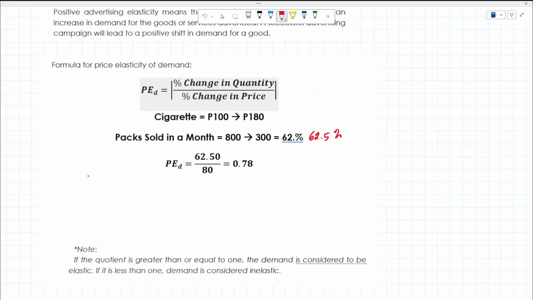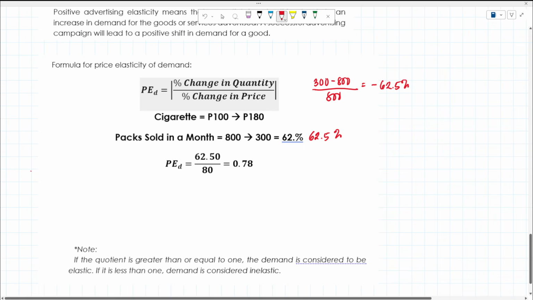To get the percent change, let's focus first on the quantity. The quantity purchased is now 300 minus 800 over the original quantity, which is 800. So there will be a negative 62.5% change in the number of packs sold in a month.